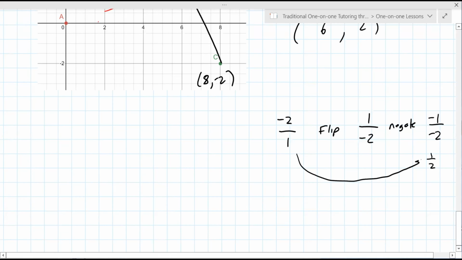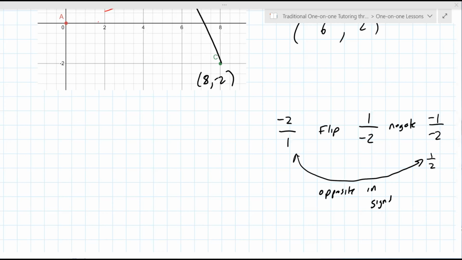If one's positive, the other's negative. One's negative, the other's positive. They're always opposite in signs. And I guess number-wise too, right, since they're flipping. Yeah, that's another important part of it.